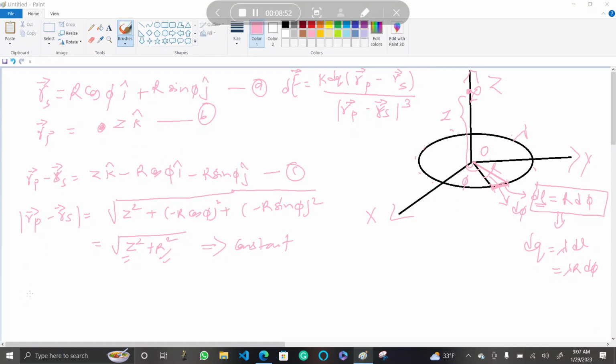Now let's use the formula of the electric field because of the small charge element, dE equals k dq.